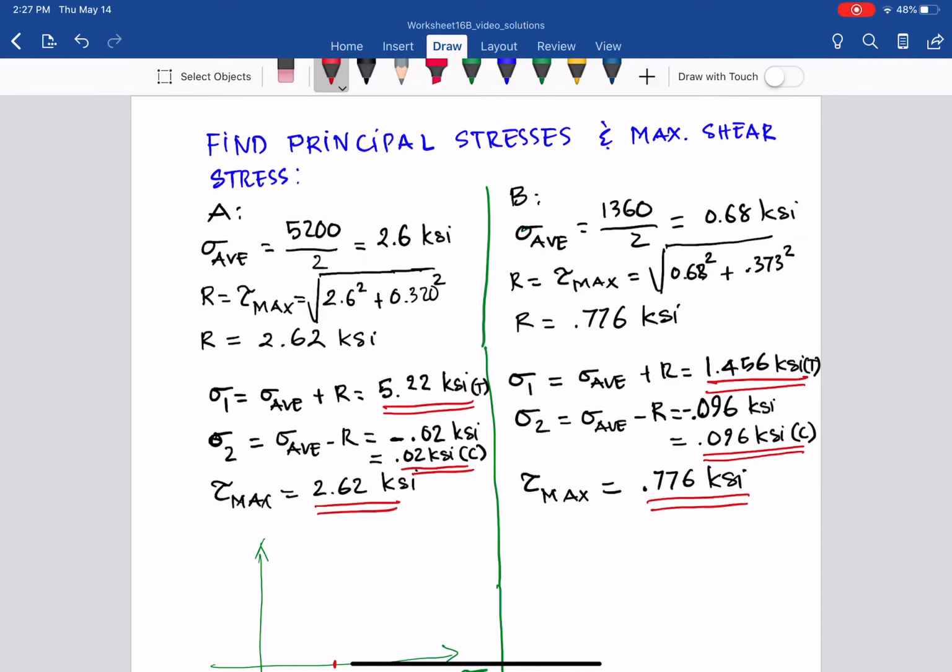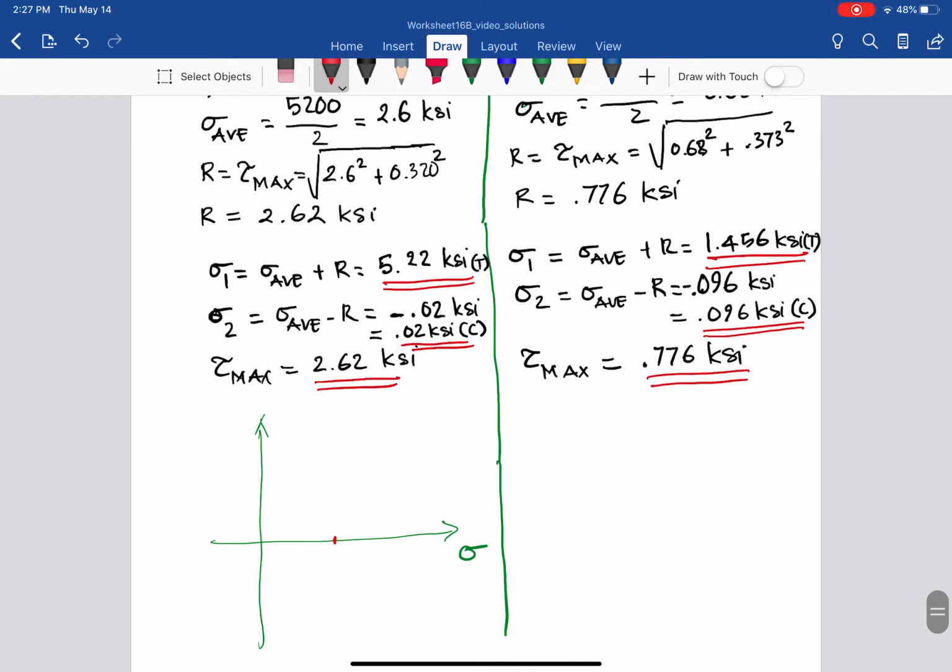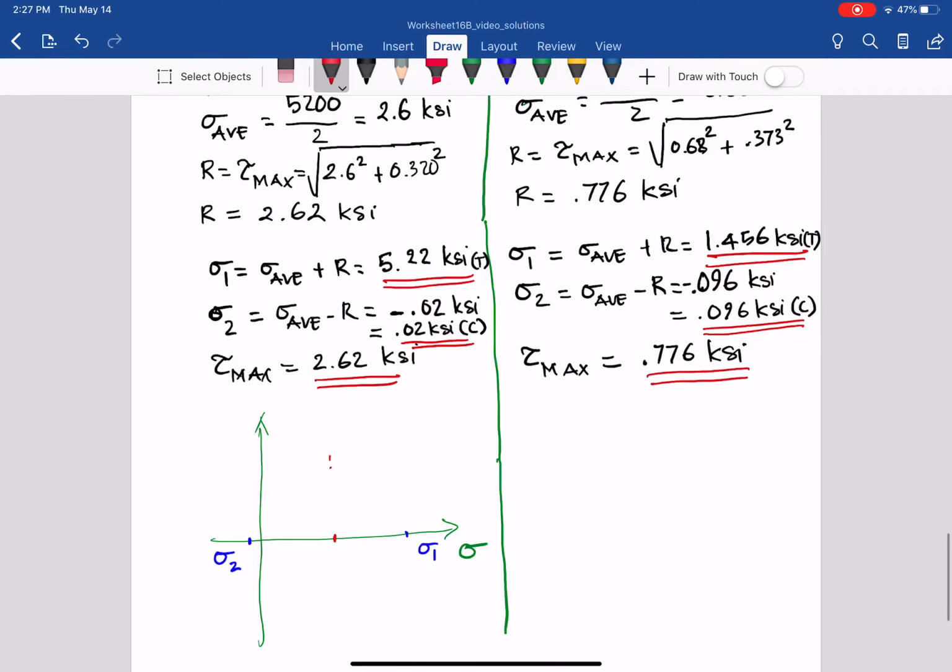Sigma 2.6 and 2.62. So as you can see, it's 0.02. So the circle, this is sigma 1, sigma 2, and tau max. Tau max. So you can have the circle.